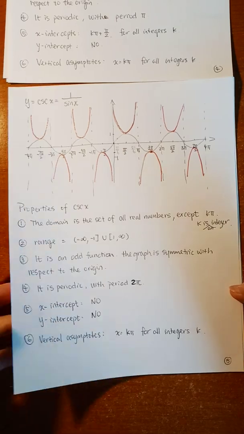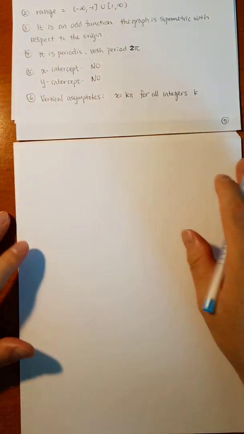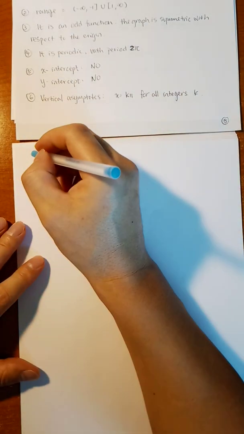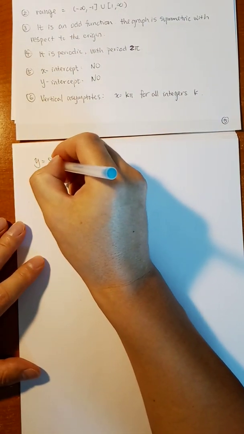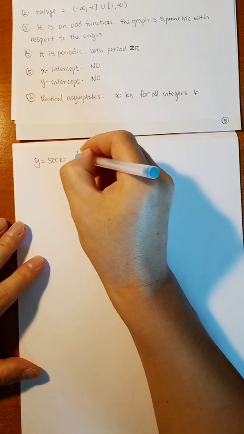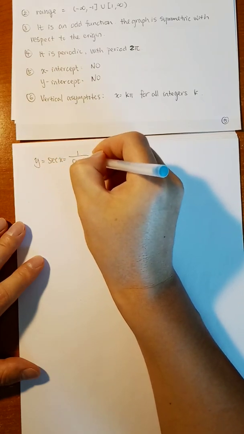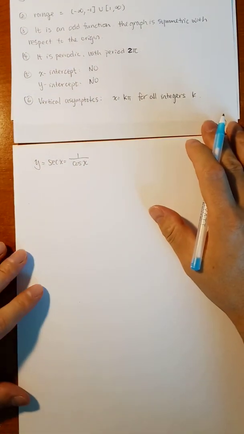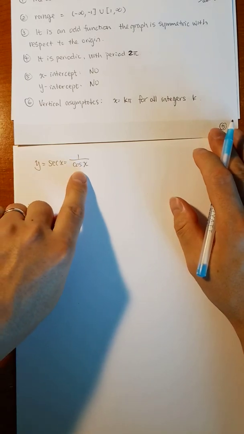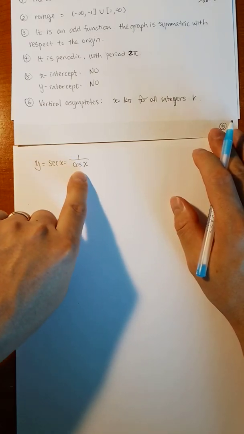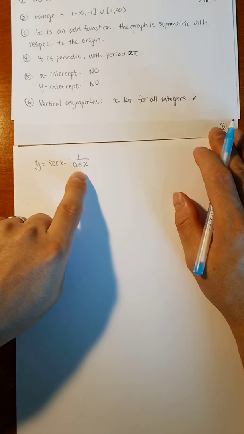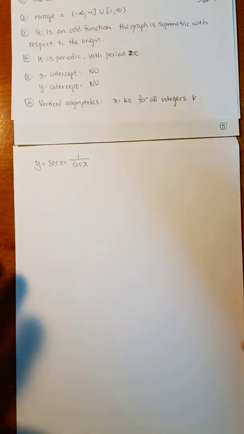And now let's complete the graph with the final function, the secant function. The secant function has denominator cosine of x. The tangent function also has denominator cosine of x. So they share the same domain.